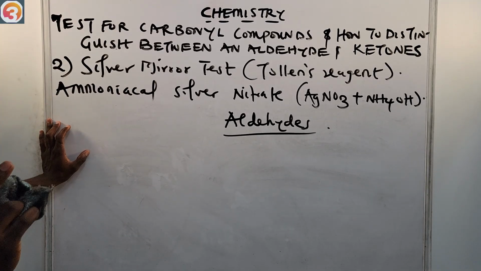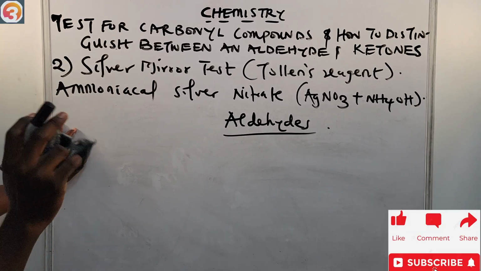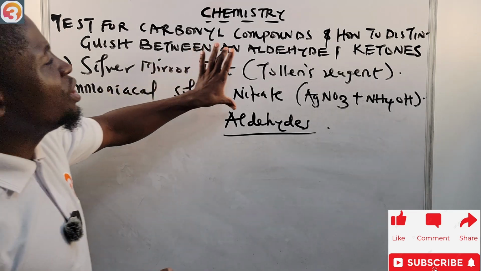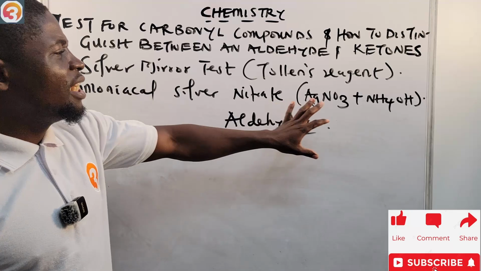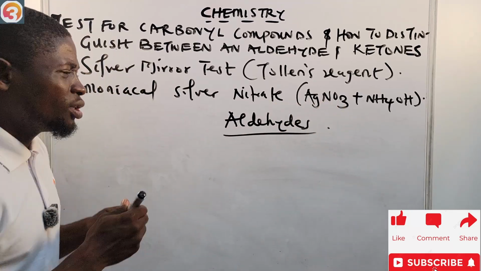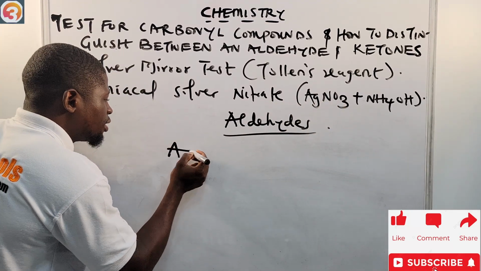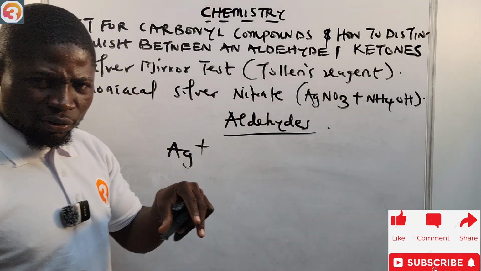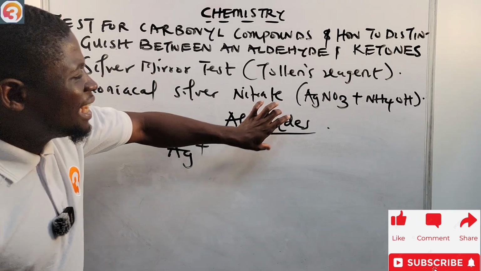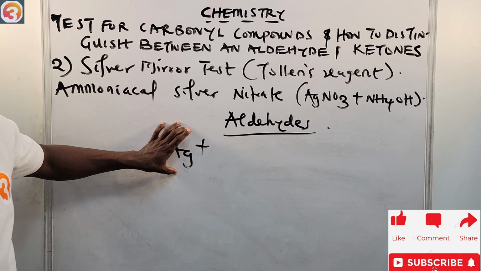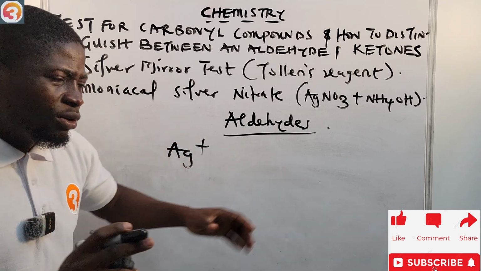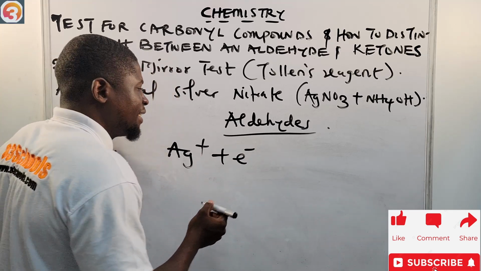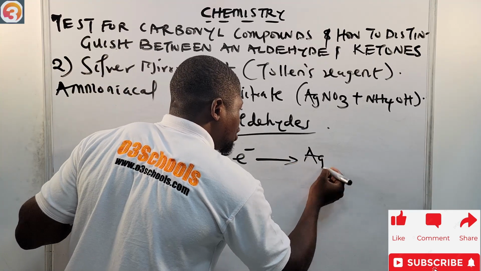Now, why does it only give a positive result for aldehydes and not ketones? This Tollens' reagent, the AgNO3, has what we call silver ions. The aldehyde reduces this silver ion to solid silver: Ag+ plus one electron gives Ag solid.